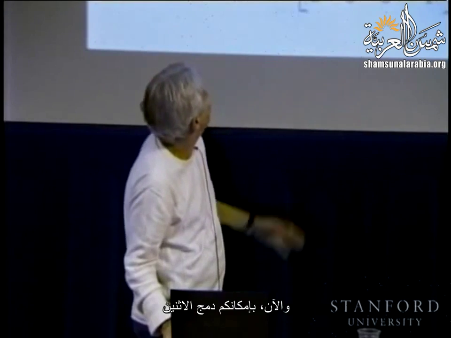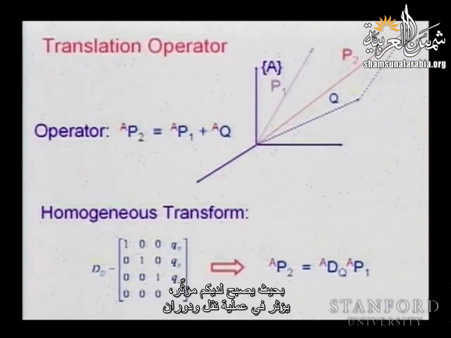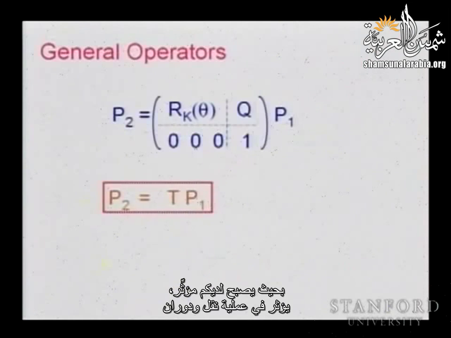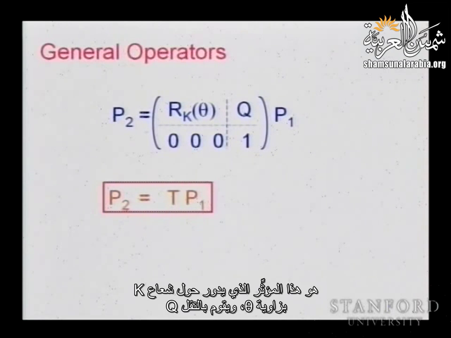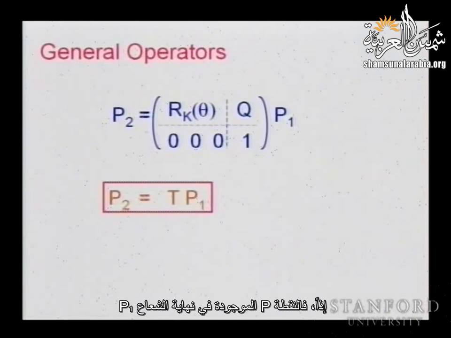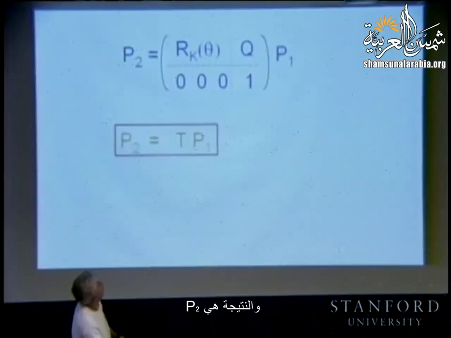And now you can combine the two. You can combine the rotation and translation, so you could have an operator operating by translating and rotating. The general operator that you can imagine is this operator rotating about some vector k with some angle theta and translating by q. So the point P, which was P1, is now rotated and translated, and the result is P2.